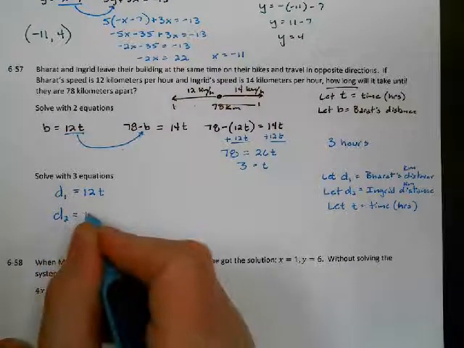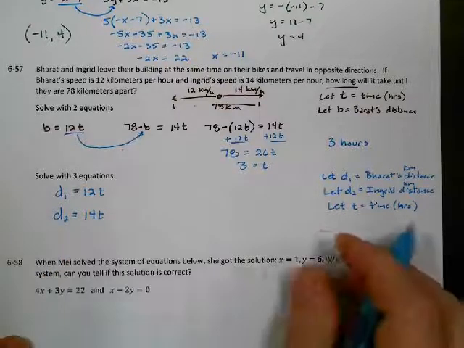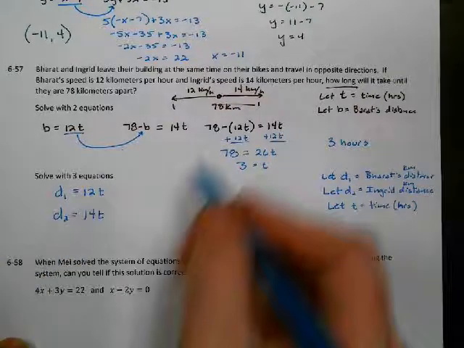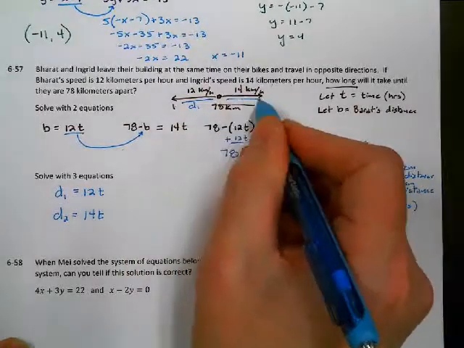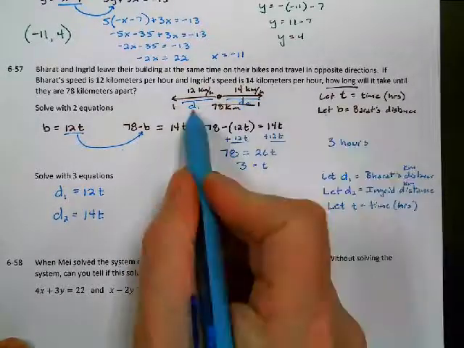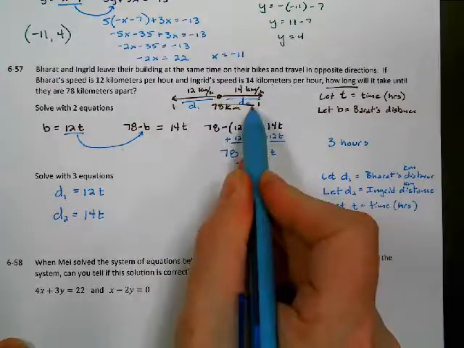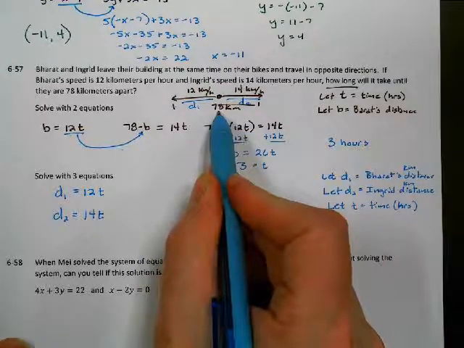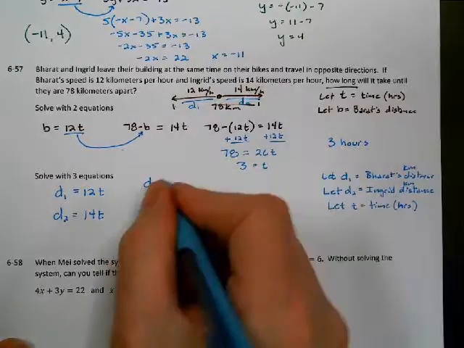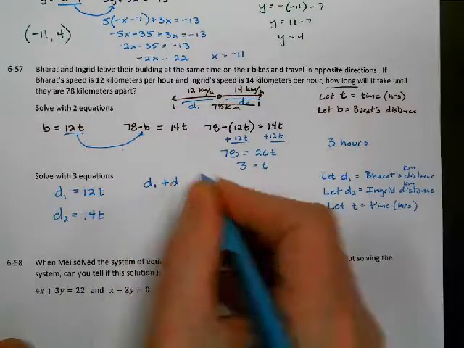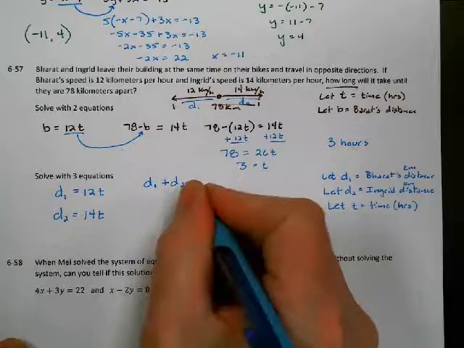Now what I know is that the two distances, so this one right here would be d1, this one right here would be d2. The two distances, if you add them together, should add up to 78. So the distance that Bharat bicycled plus the distance that Ingrid bicycled is equal to a total distance of 78.